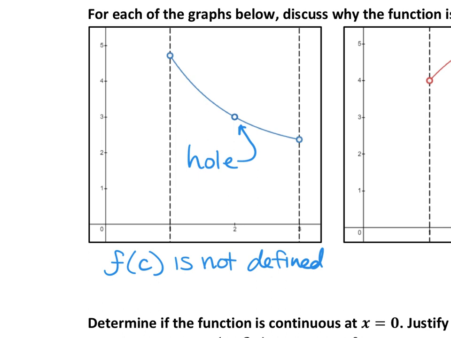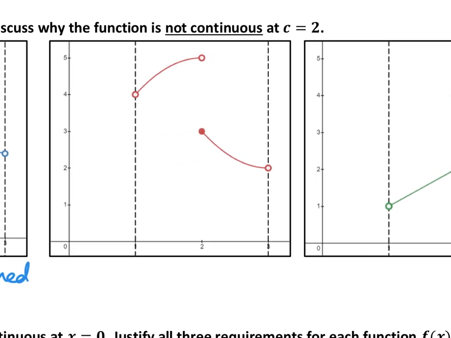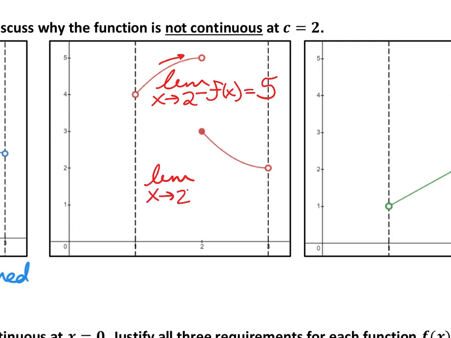Okay, let's look at the second graph. For this one, f of c is defined because there is a colored-in dot at the number 2. So f of 2 exists. But if we look at the limits, what is the limit as x approaches 2 from the left side? What's it getting closer and closer to? 5. And if we come down to the other side and look at the limit as x approaches 2 from the positive side, what is that limit? 3. Are those the same thing?